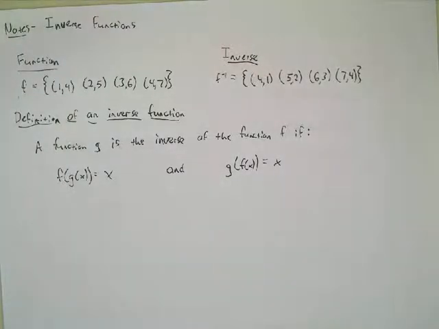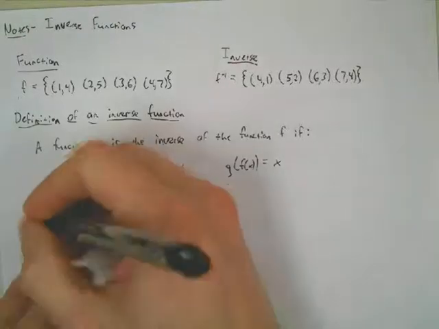If both of those things are true, then we say that g is the inverse of f, and vice versa, f is the inverse of g. So you plug one function into the other, it should simplify down to x. Plug the other function into the one, simplify down to x.